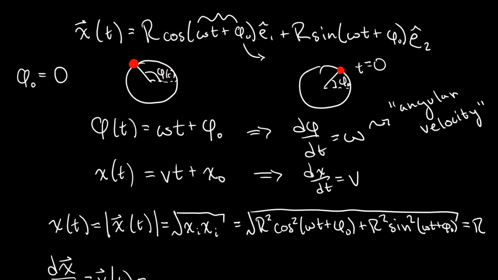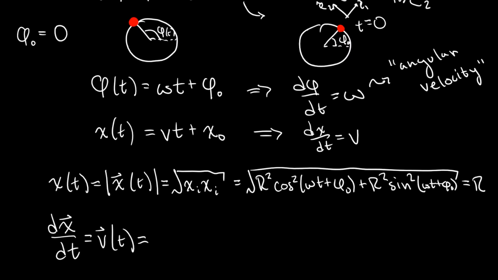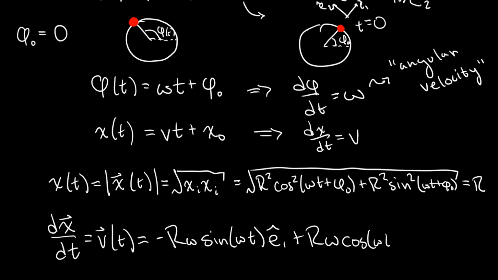Basically, you can think of it as we're just turning our heads so that we're starting out aligning E1 and E2 in this direction so that phi naught is 0. So I'm not going to worry about phi naught, but this is going to give me something like minus r omega sine omega t E1 hat plus r omega cosine omega t E2 hat.